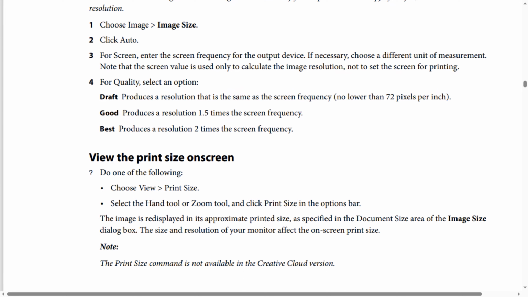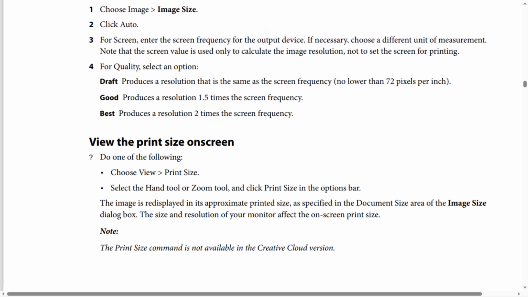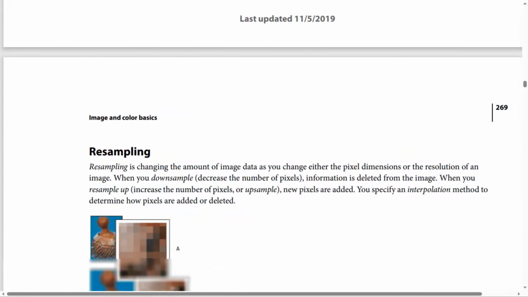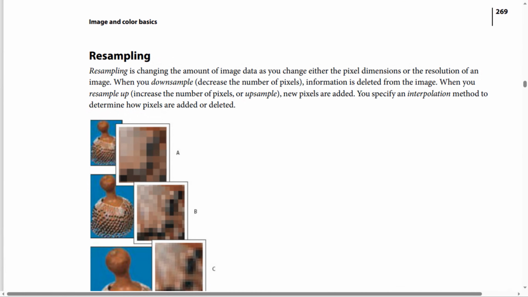The size and resolution of your monitor affect the on-screen print size. Note again and be careful: the Print Size command is not available in the Creative Cloud version. You should know that.